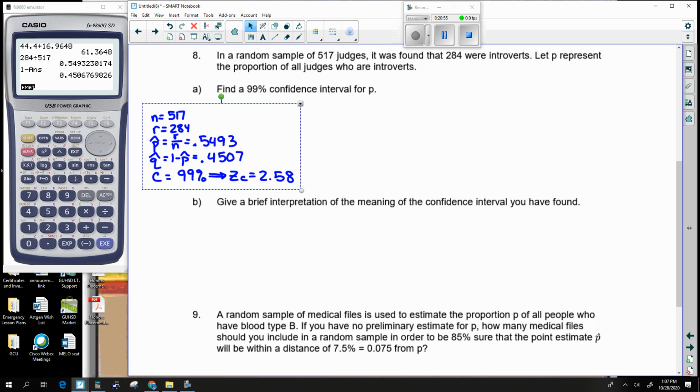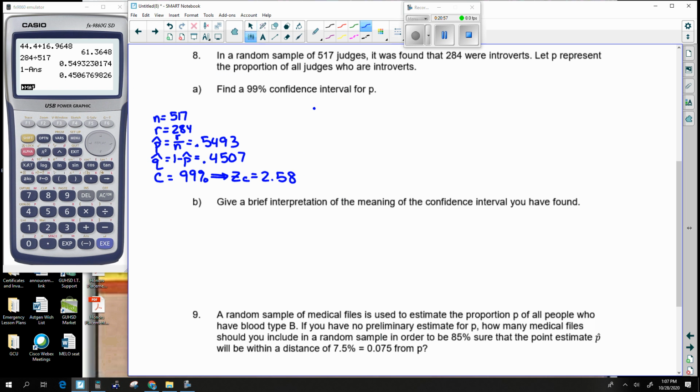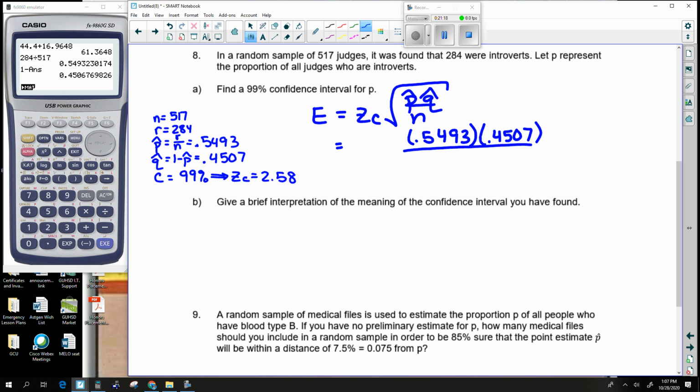So the margin of error, which is ZC times the square root of P hat, Q hat divided by N. And so how I begin this is I begin with the P hat, 0.5493 times 0.4507 divided by 517.